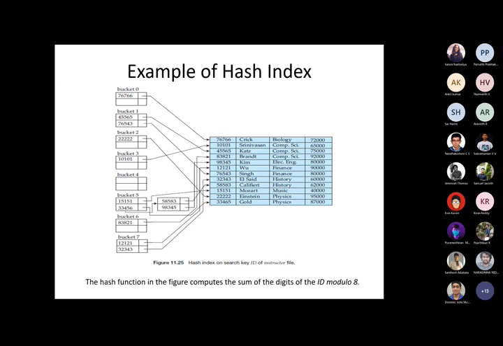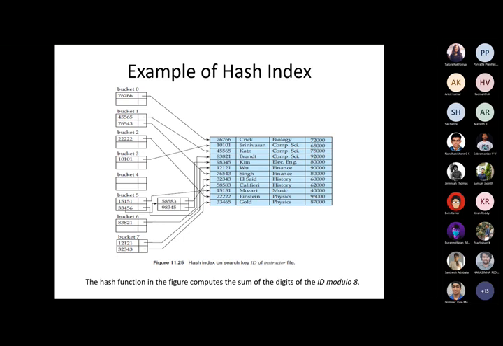Similarly, what about the instructor ID 76543? Again, it's going to be 13, 18, 22, 25. 25 mod 8 is again 1, right?